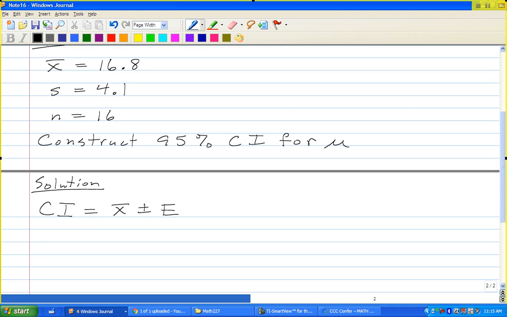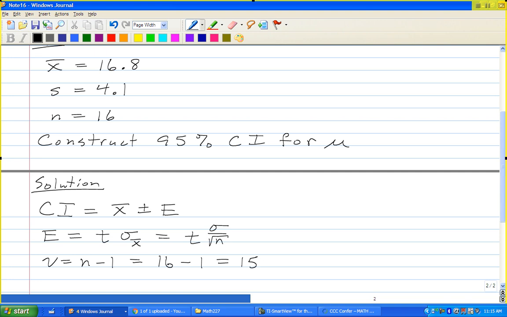Since the population variance is unknown, I'll have a t critical value times the standard error, which is sigma over the square root of n. First, I have to figure out the critical value. The degrees of freedom, n minus 1, is 16 minus 1, which is 15.